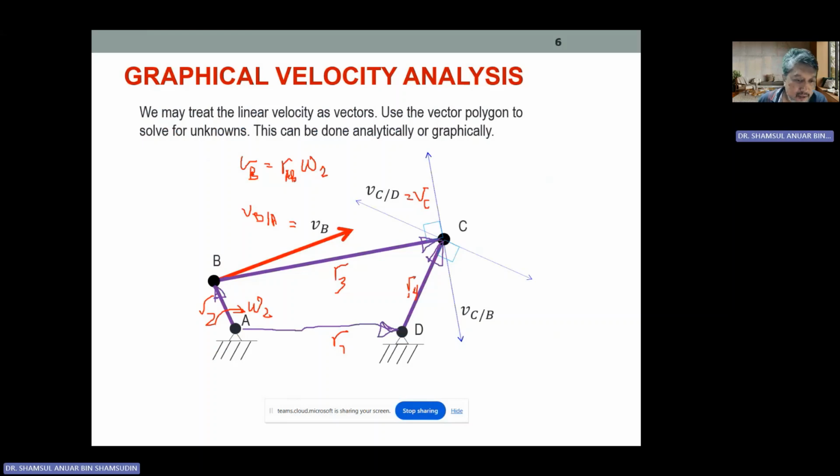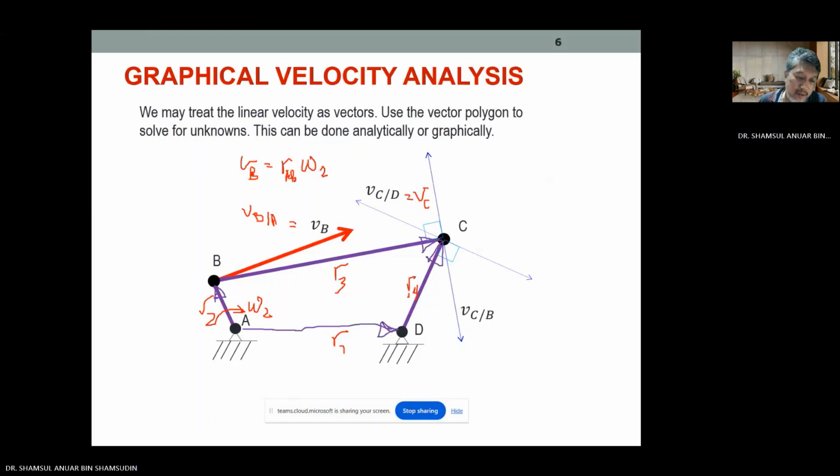The situation becomes more challenging if it is a 4-bar mechanism. Here we do not have only one body; we have at least 3 bodies that are moving or rotating, and one body, the ground, being fixed. Again, the known information or the input velocity is VB, or maybe it is given by omega 2.